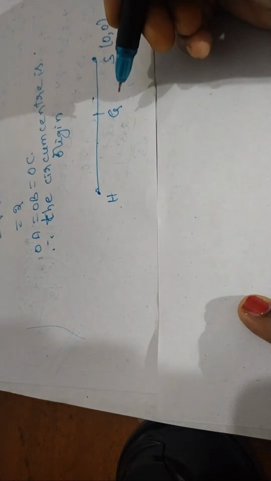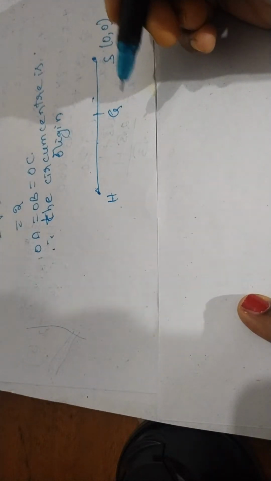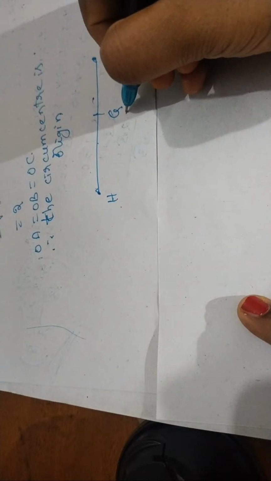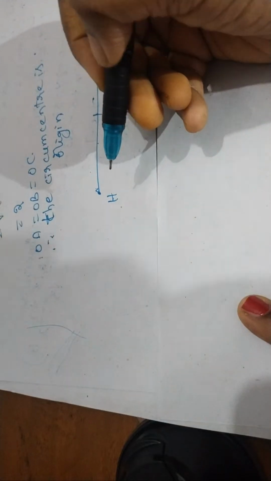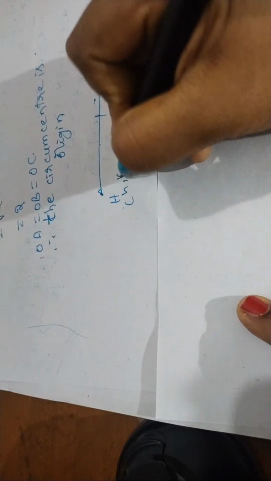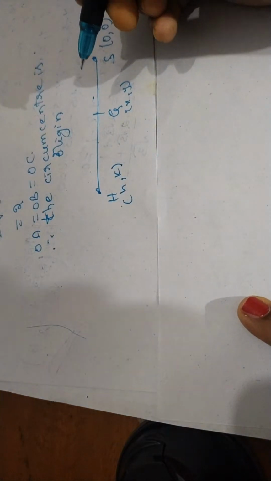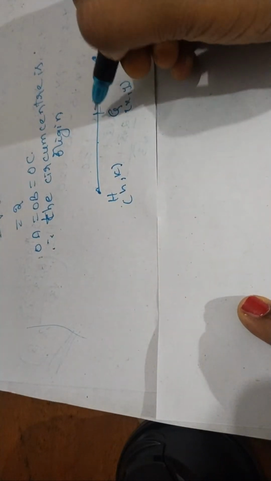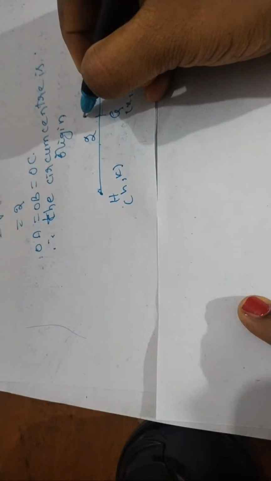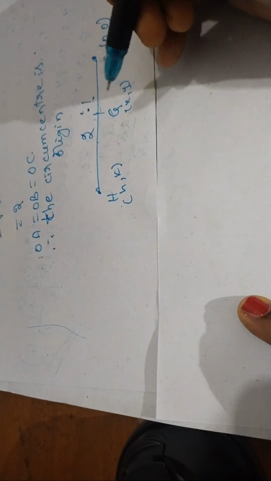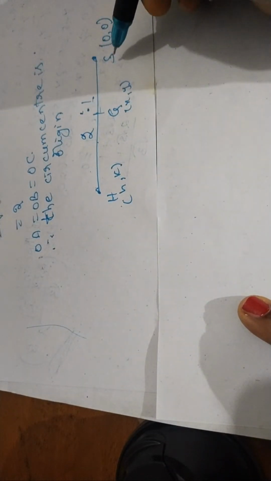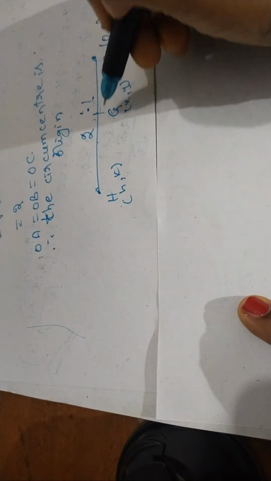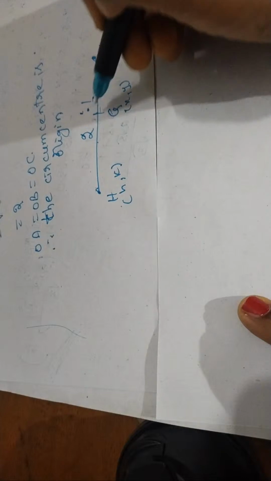So the circumcenter point is (0, 0) and we take G, the centroid, as (x, y), and H, the orthocenter, as (h, k). Now we know G divides HS in the ratio 2:1, because the distance between H and G is 2 times that of G and S.